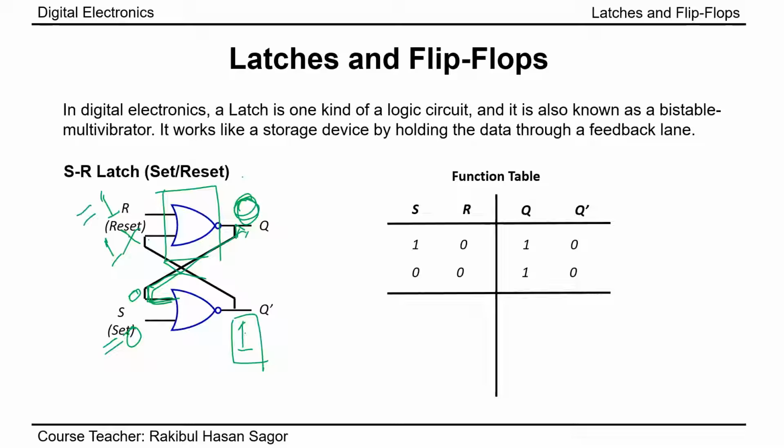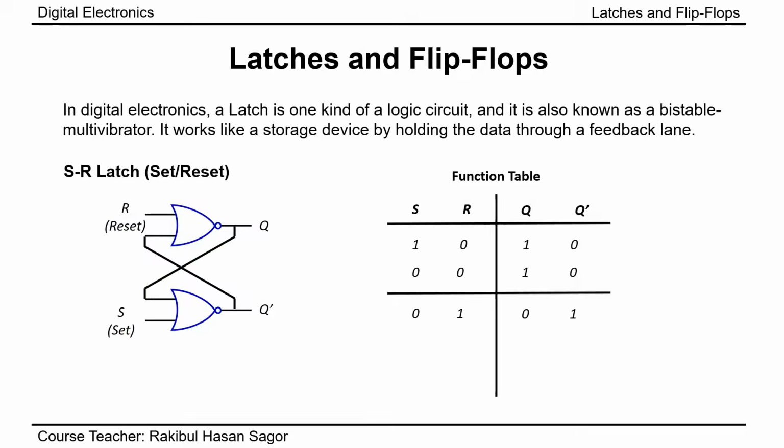So this 1 and 0, that means q equal to 0 and q prime equal to 1, are the stable output. So we can say for s equal to 0 and r equal to 1, the output that we are getting is q equal to 0, q prime equal to 1.